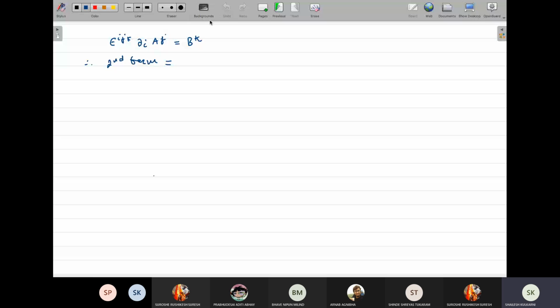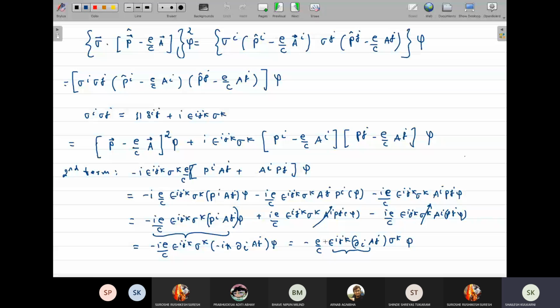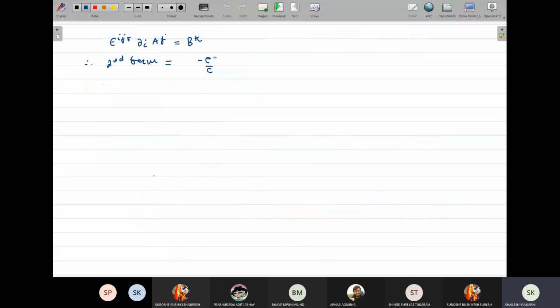Okay, so this is minus e by c, and there is an h cross here. So I should put h cross here. So minus e by c h cross B dot sigma. Okay, clear?